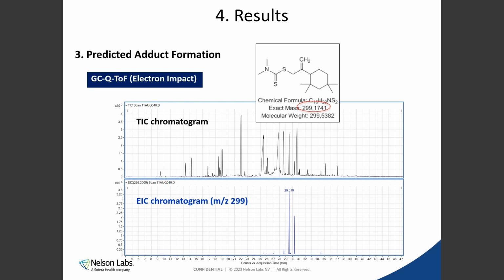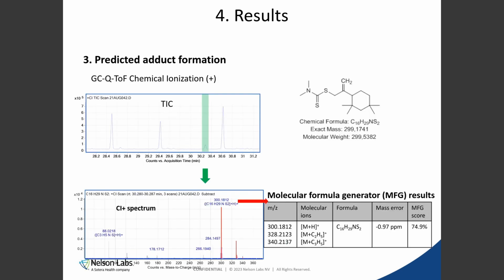Of course, that's no final proof, and for that reason, we went to the GCQ turf with the chemical ionization. And in this case, it's more that you find the parent ion, or a better way to identify the parent ion, because it's not only the parent, you will have some typical adduct formation together with the gas methane that is used to improve the ion formation.